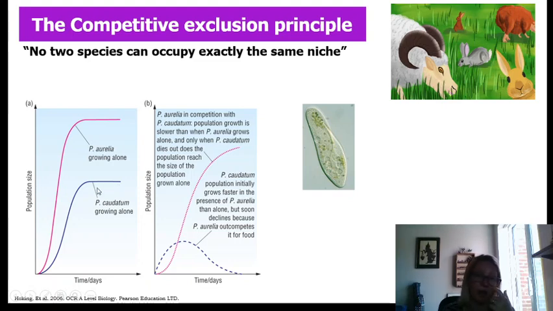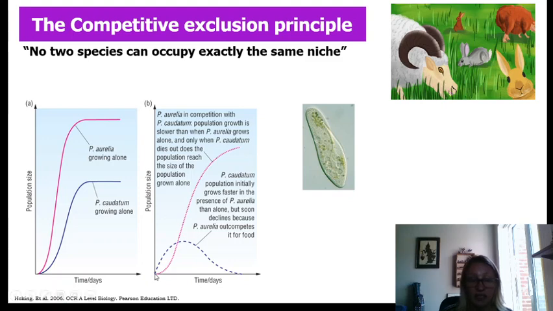If we look at graph B, that represents what happens when you put them in together and they're competing for the same resources. So they've got the same habitat, they've got the same food supplies, and the P. caudatum actually switches to become an R strategist in this case.